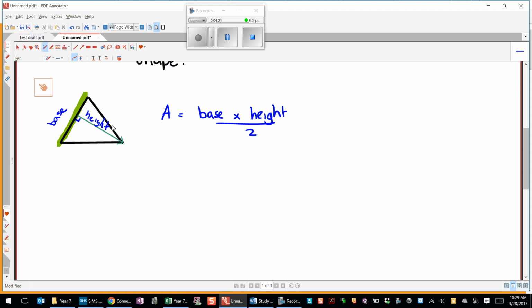The base could have been anywhere just because I could have decided. If it's a problem-solving question, you might be trying to find the area of a triangle in a complex shape, like we're going to start looking at. Therefore, the side of the triangle you know might not be at the bottom. It might be somewhere else in the shape. So you see how any side could be the base.